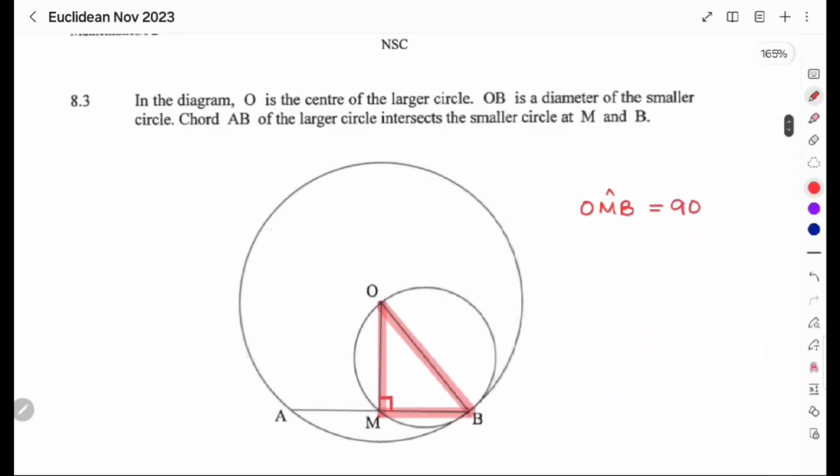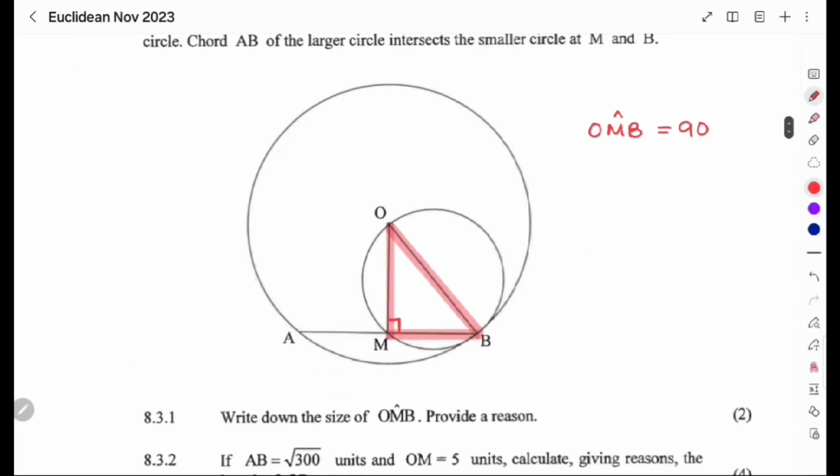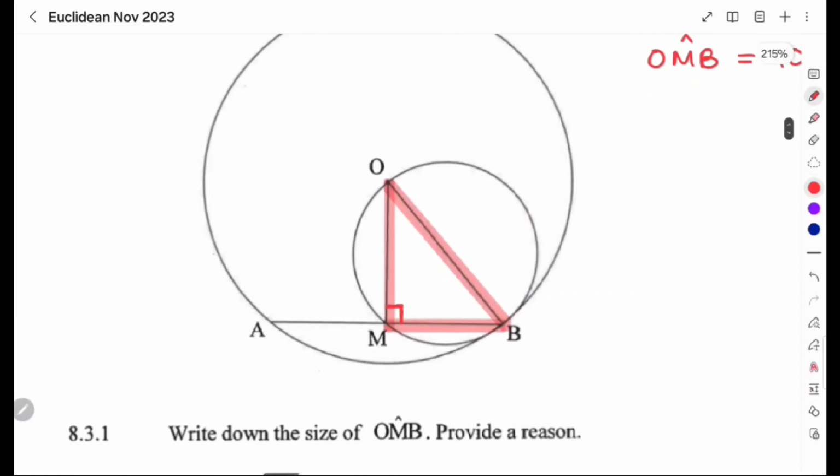Then it states chord AB of the larger circle intersects the smaller circle at M and B. So another thing to take note of is theorem 1. So let's keep this 90 degrees. The line drawn from the center is perpendicular to the chord.